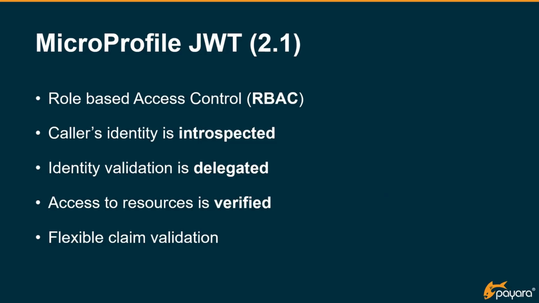And once I validate that that user is who they say they are, then I verify that they have access to the resources. And it has some leeway. You can flexibly configure how that validation is done, but the defaults are very much okay for most scenarios. 90% of what you want to do is covered by the default settings.